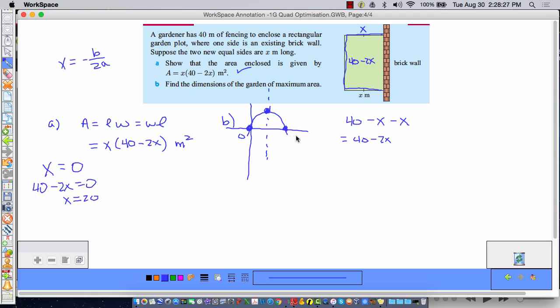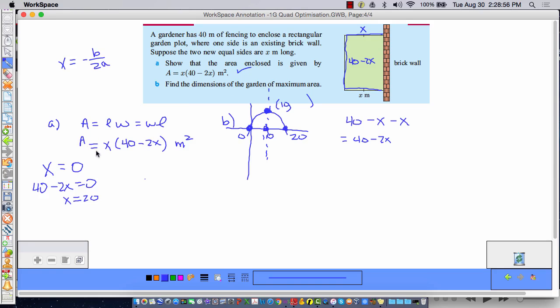So this would be 0, this would be 20, which means this would be 10, halfway between, which means the x-coordinate of the vertex is 10. And that's a little bit quicker, I think, or just another way to go than using x equals negative b over 2a. So that means that x equals 10 for this vertex.